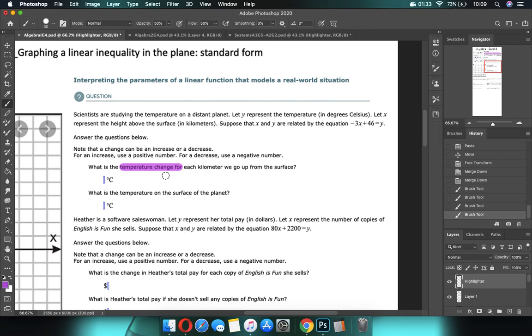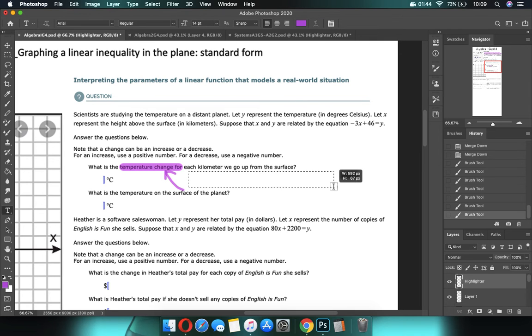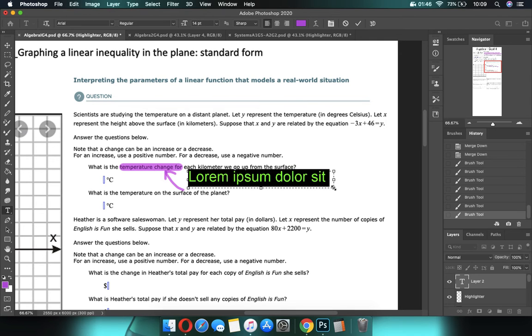That word right there, change, is the most important word there. I'm going to highlight it even more. Change is the most important thing that you are looking for. Whenever you're filling in this particular topic, change means your slope, which means it's the number with the x.